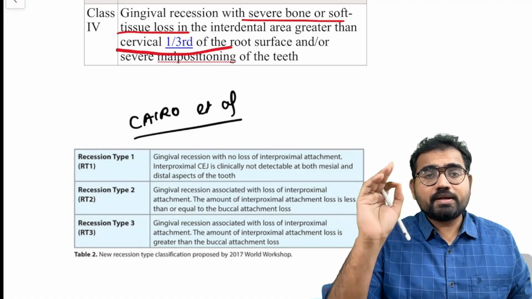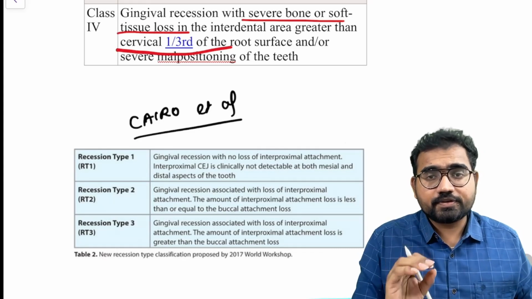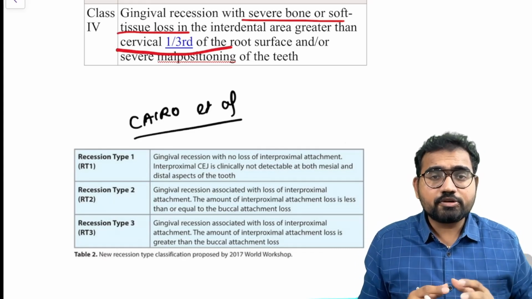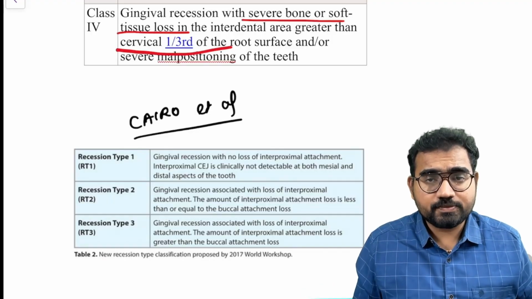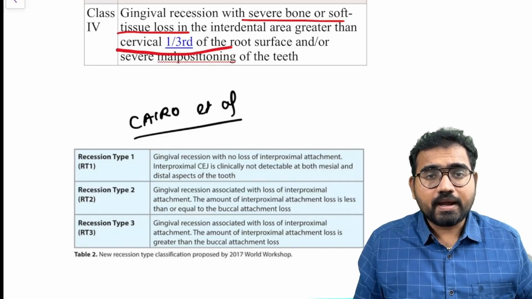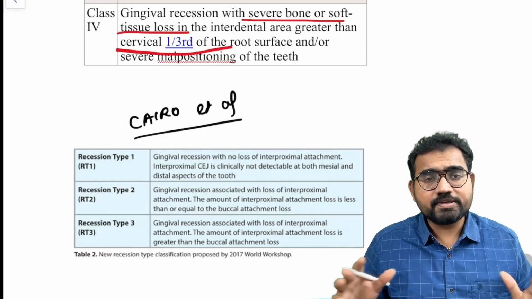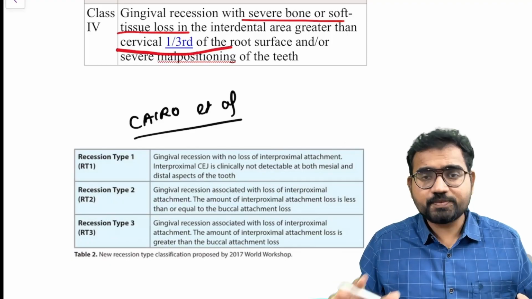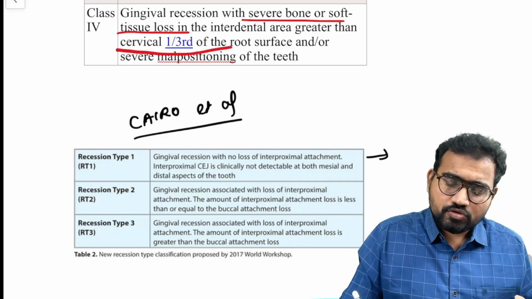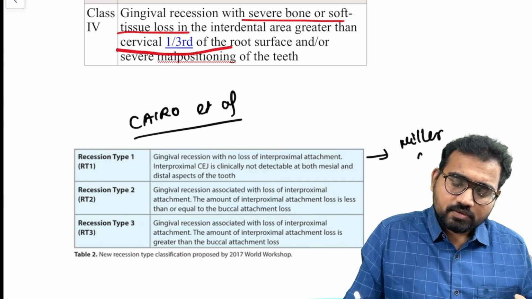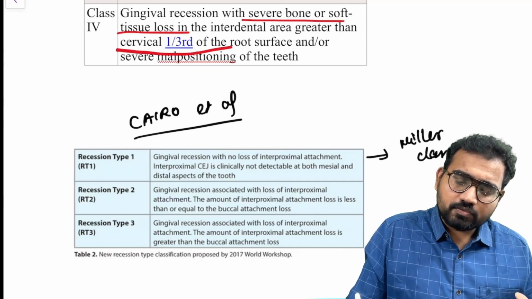In RT1, that is recession type 1, there is no interproximal attachment loss, and the interproximal CEJ is not detectable at both mesial and distal aspects, which exactly corresponds to Miller's class 1 and 2.